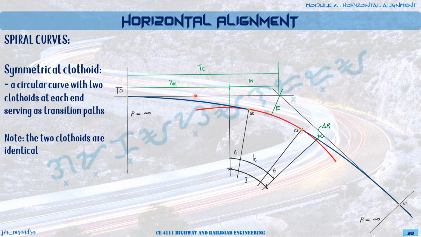Then we have W, which is the distance between our original circular curve and the point of intersection.